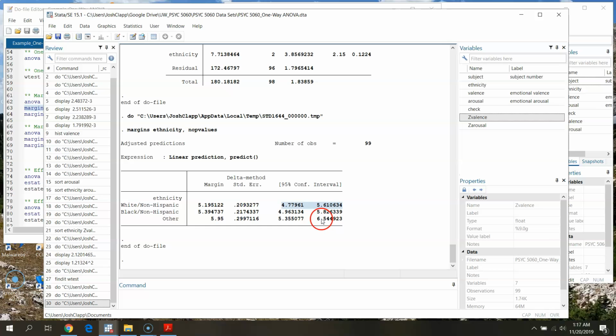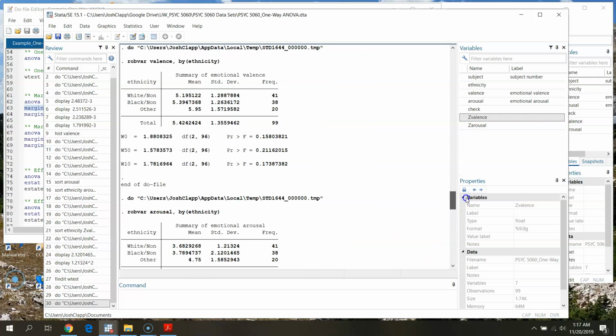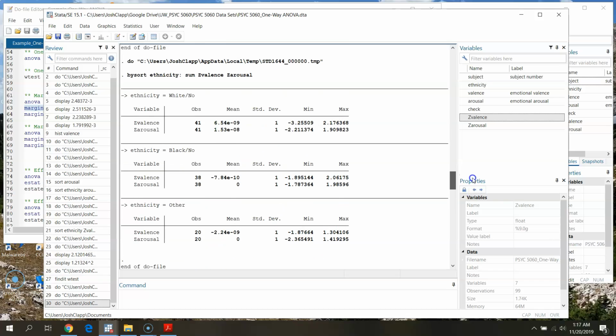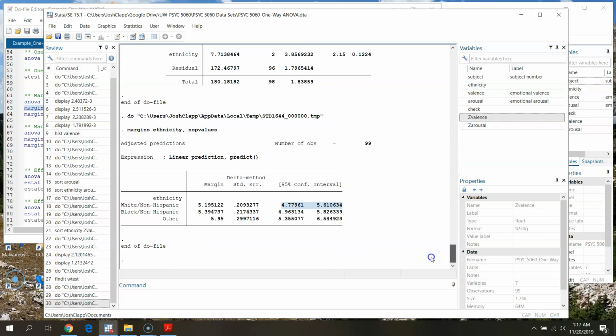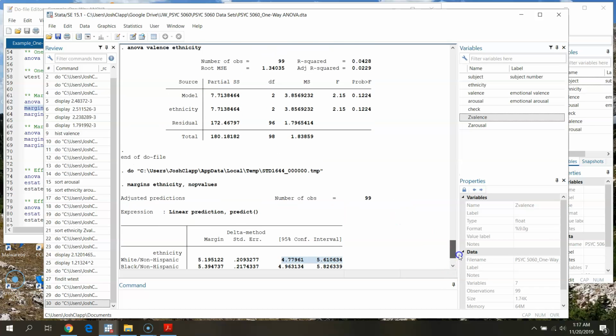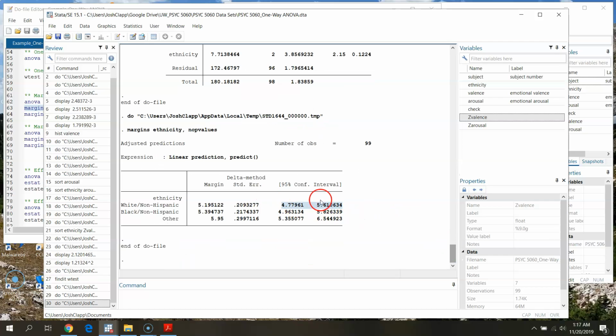Now the confidence intervals we're getting here are going to be different than the confidence intervals that we may find... No, we didn't get confidence intervals for that. But just to be aware, what Stata is using is the mean squared error to calculate the standard error for this confidence interval.